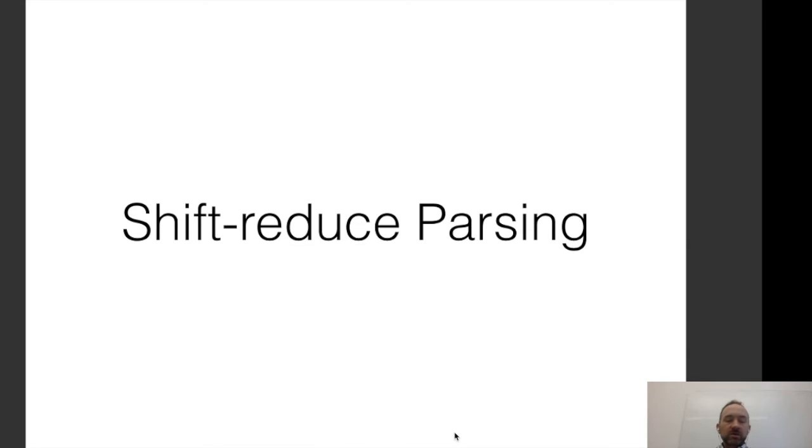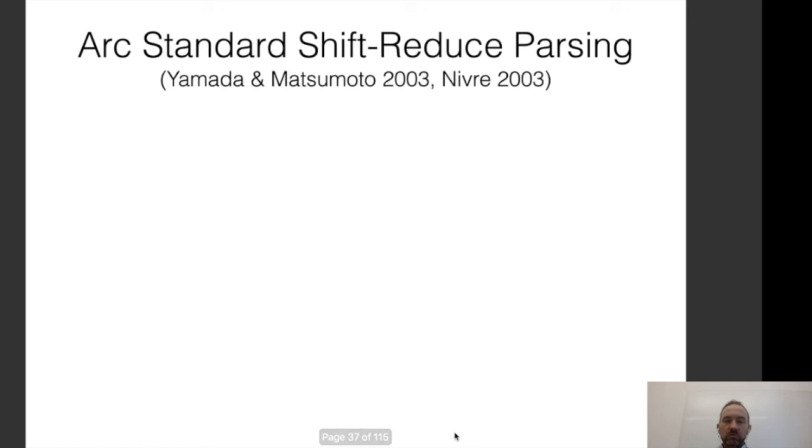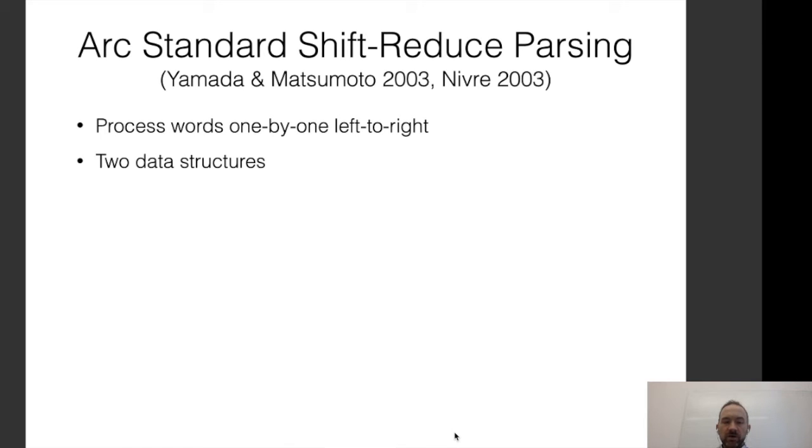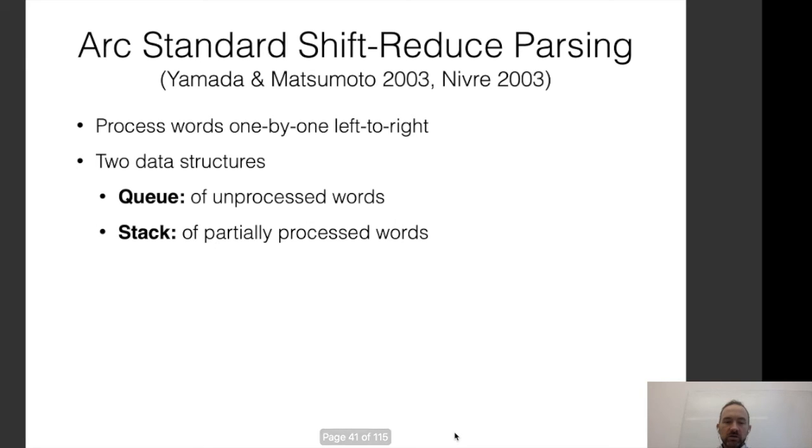So first I'm going to talk about shift-reduce parsing. So shift-reduce parsing basically steps through the sentence one by one and tries to predict actions that will result in edges. And we process the words one by one, left to right, using two data structures. The first is a queue of unprocessed words. The second is a stack of partially processed words.